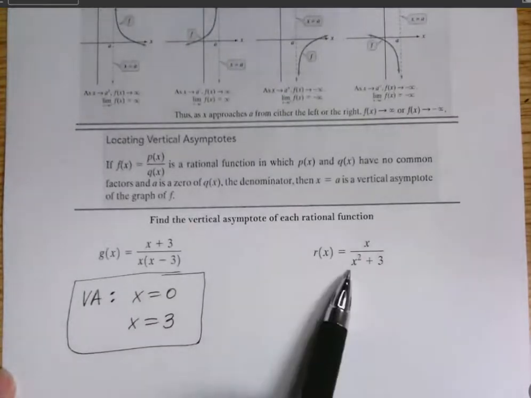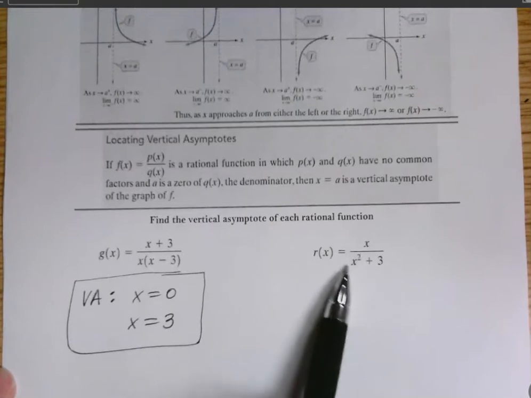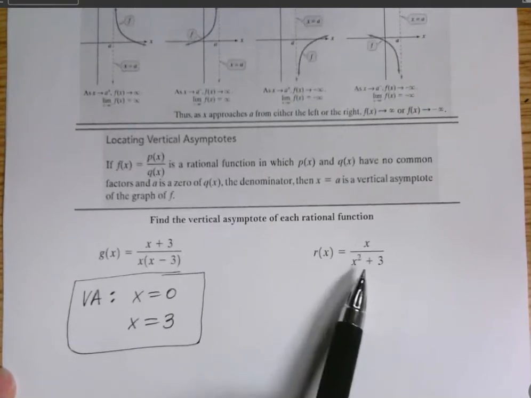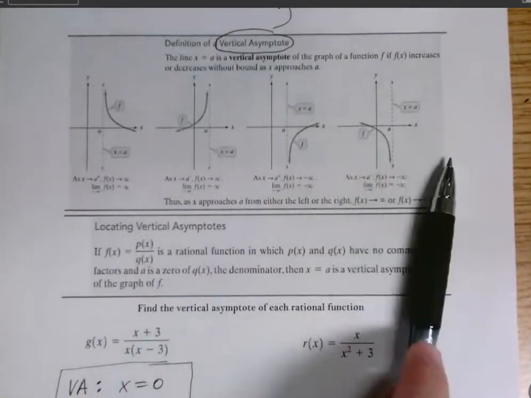Now over here, there's only one factor in the denominator, so it's whatever would make this 0, but we've already talked about the fact that the only thing that's going to make that 0 is a non-real number, an imaginary number. So we're only talking about real numbers. Anytime you graph something, we only graph real numbers.